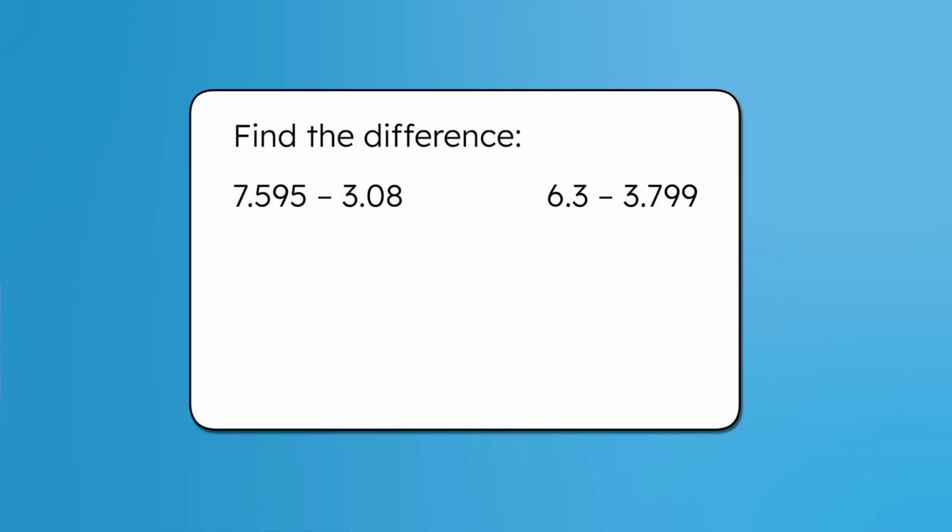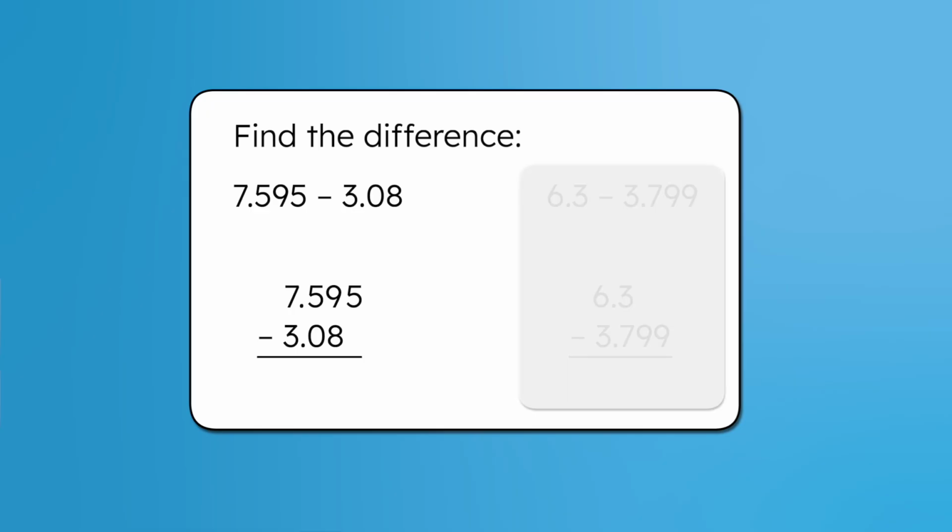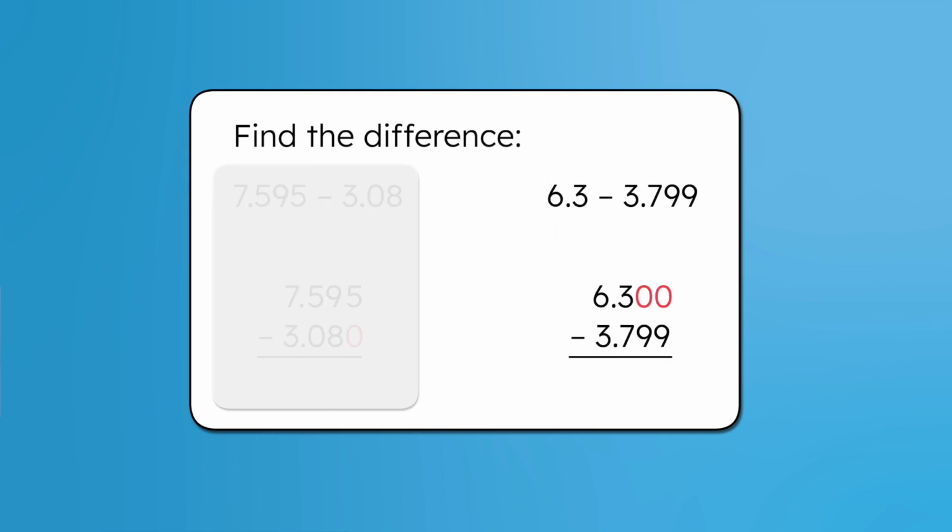When we set up the algorithms for each problem, where do we need placeholder zeros? In this problem, we add 1 after the digit 8 in the hundredths place, and we add 2 behind 3 tenths in this problem. Just like with adding decimals, using placeholder zeros helps us keep all digits and decimal points in the correct place so that we can solve accurately.